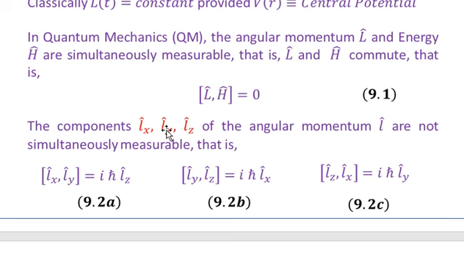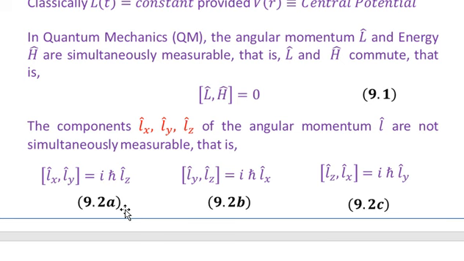The components of L, which are represented by Lx, Ly, Lz, of the angular momentum L are not simultaneously measurable. You know that these components, Lx, Ly, Lz, are mutually not simultaneously measurable. That is, their commutators are not equal to 0, which are explained in equation numbers 9.2a, 9.2b, and 9.2c.